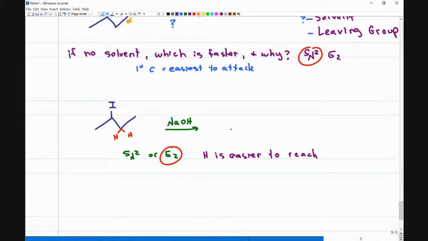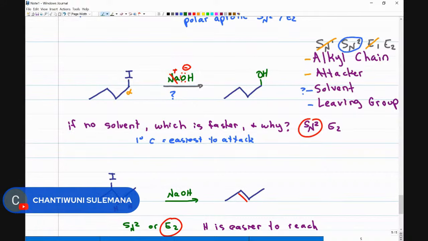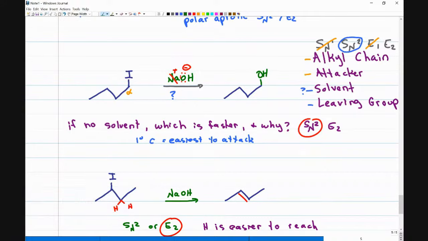And so in this case, the product is going to be a pi bond, Zaitsev's rule, more substituted. Oh, and for this one, I didn't show that to you. That will be just swap it out, and we put an OH right here. So absolutely correct. I see a couple of E2s.